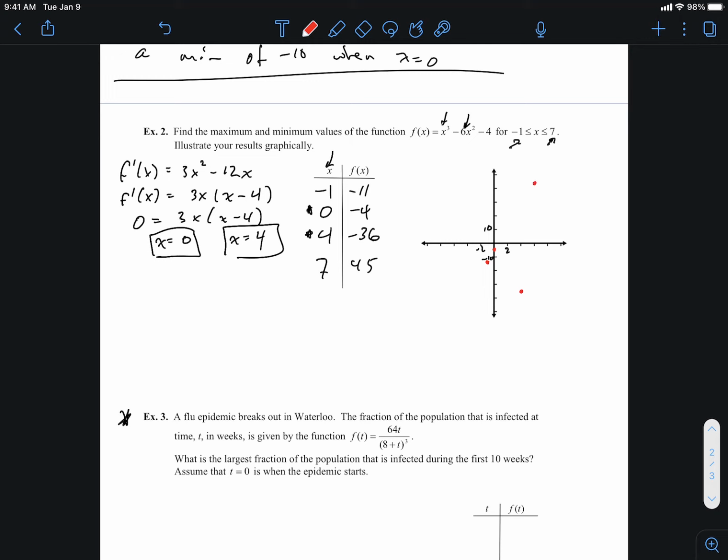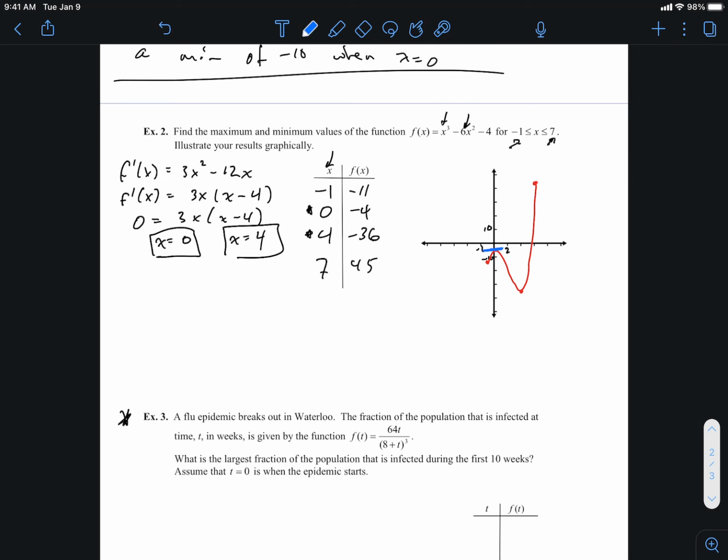Okay, so we can connect this. Again, we're only interested in this interval. Let me just see if I can get that a little cleaner.